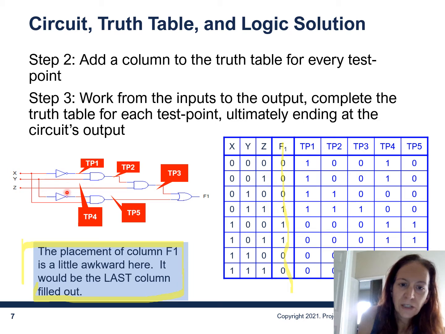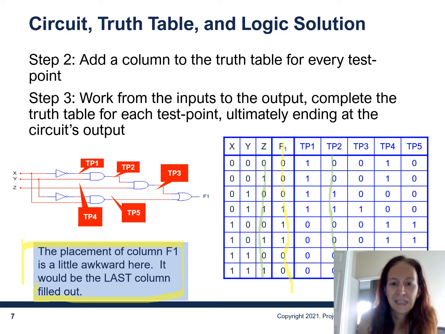Now this can be fairly easy to do here because we've got Z and we have test point 2, and the good news is that test point 2 is almost never high. Test point 2 is only high in these two situations. In all the other situations, test point 2 is low, which means test point 3 cannot go high. It's the output of an AND gate.